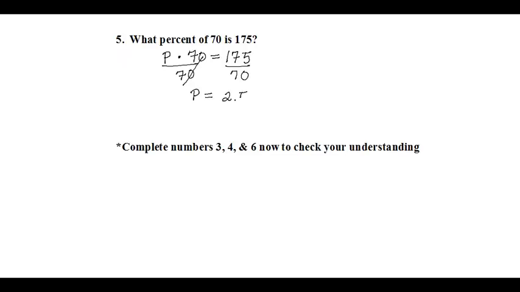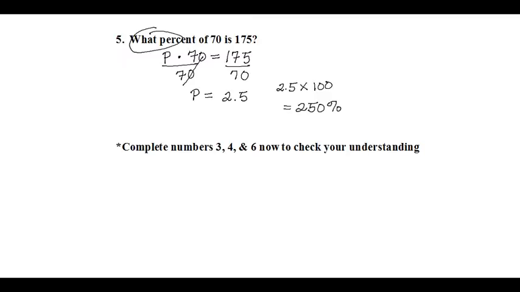But remember it said what percent, so I need to multiply by 100. 2.5 times 100, which is the same as moving our decimal to the right 2 places, is going to be 250%. Whenever you're figuring these out, we always in math want to use our reasoning skills and ask, does this make sense?